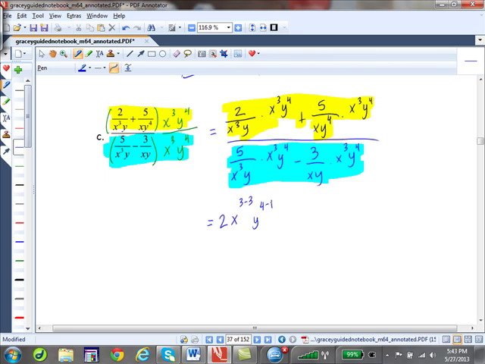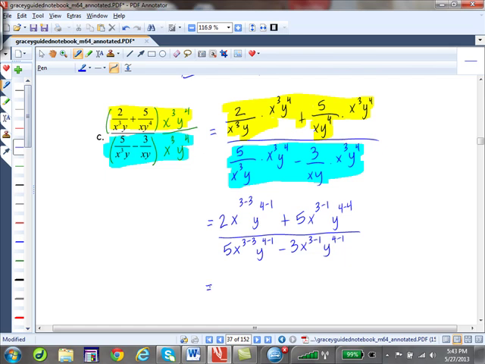That's the first part of the numerator, plus 5 times x to the 3 minus 1, and then y to the 4 minus 4, all over 5x to the 3 minus 3 times y to the 4 minus 1, minus 3x to the 3 minus 1 times y to the 4 minus 1.